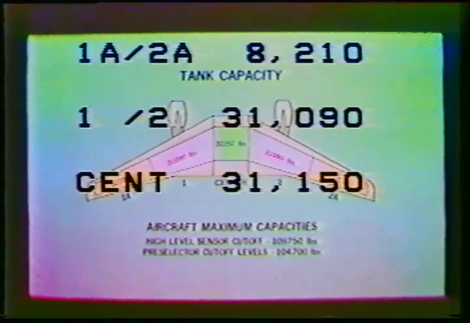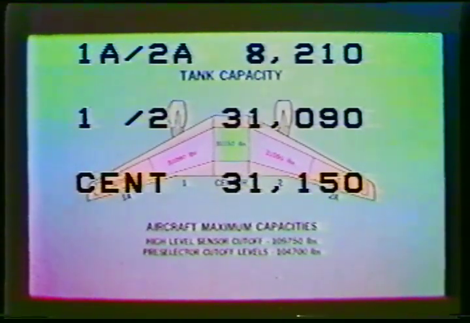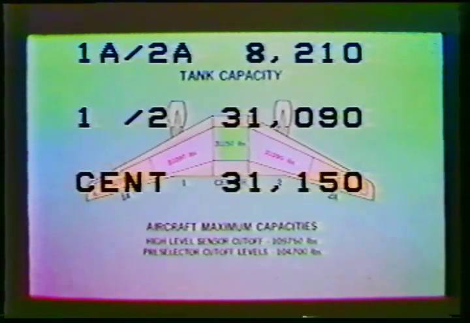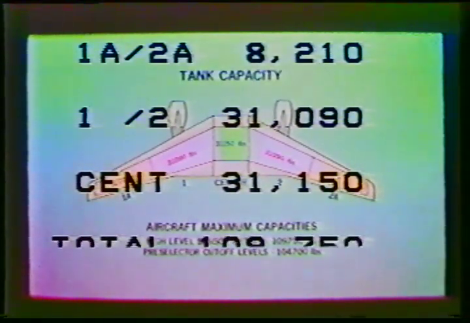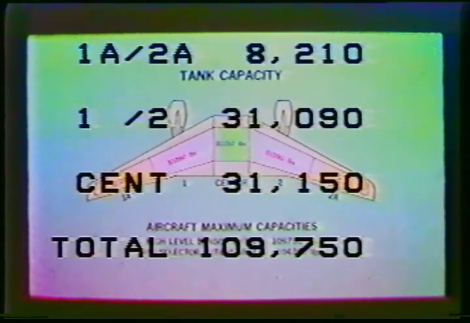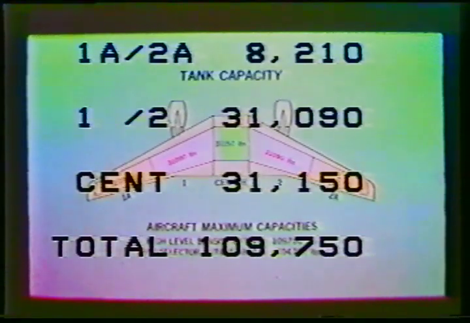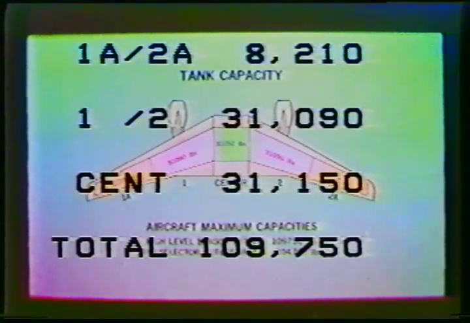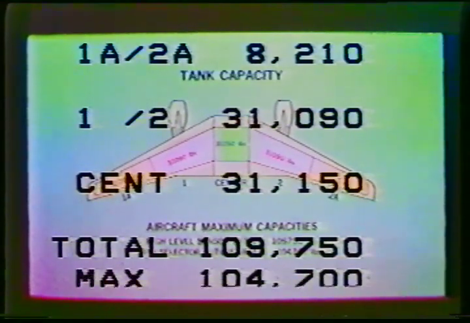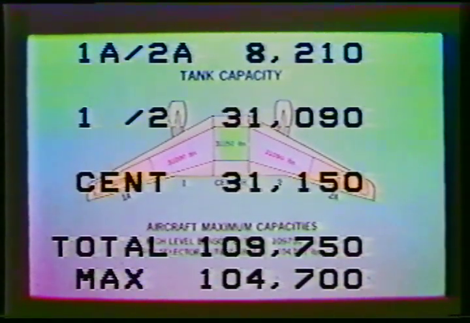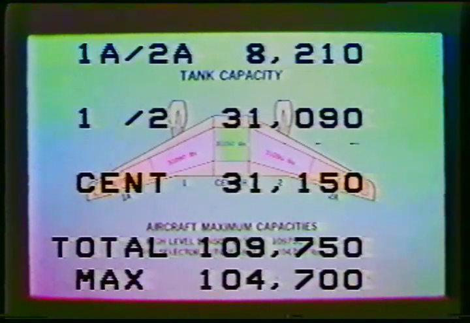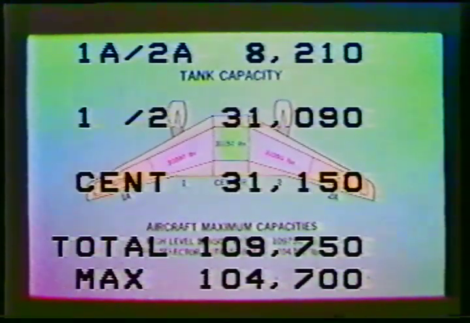The quantities shown are maximum capacities based on a fuel density of 6.7 pounds per gallon, and the total capacity is 109,750 pounds. However, when using the pre-selector cutoff mode of aircraft fueling, which will allow partial tank refueling, the maximum capacity is 104,700 pounds.